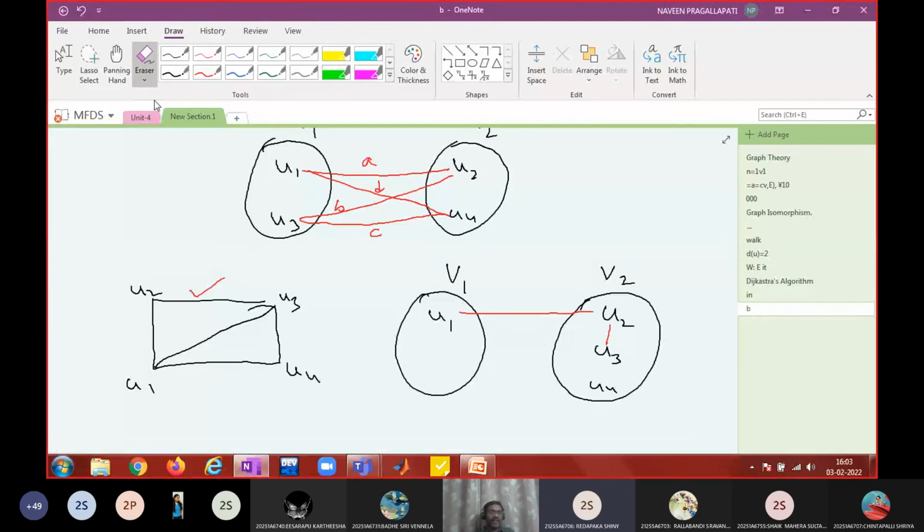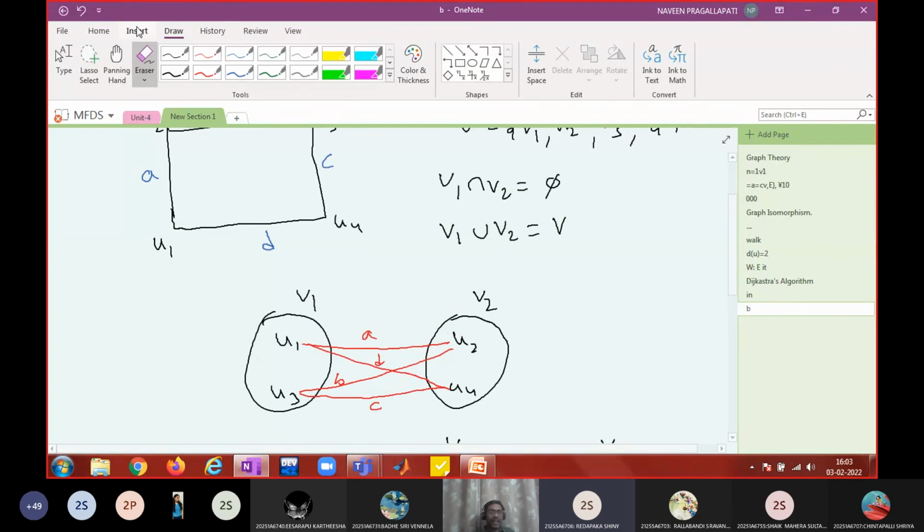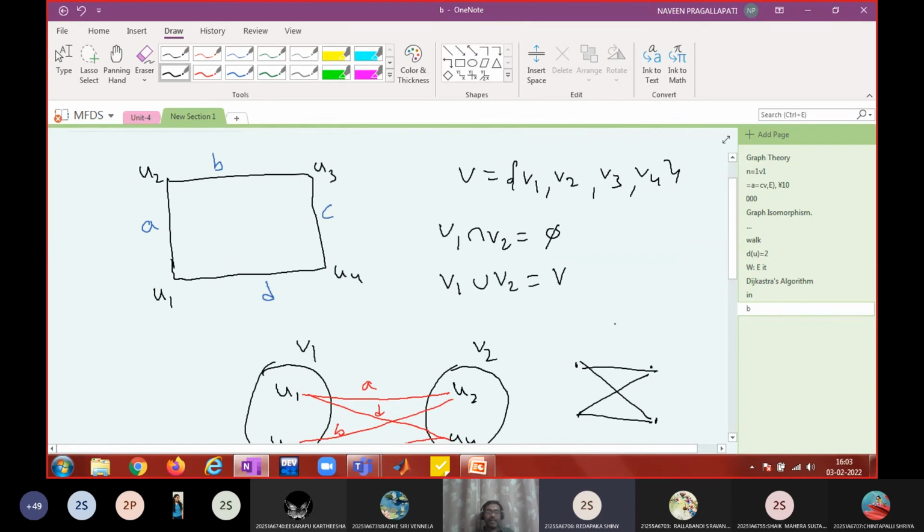If I am given the graph like this, instead of drawing it like this, I can draw the graph like this only. So simply I can say this is a bipartite graph, because these two are not adjacent and these two are not adjacent.